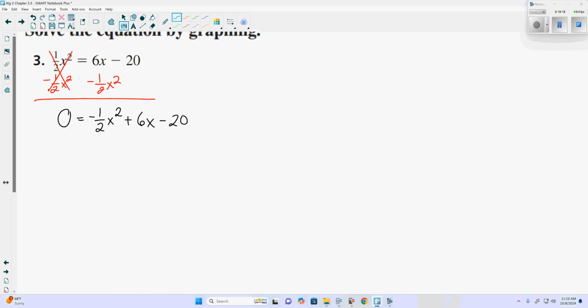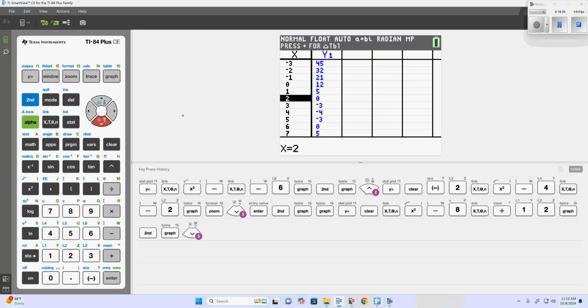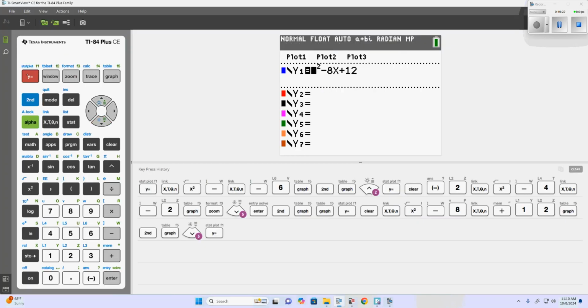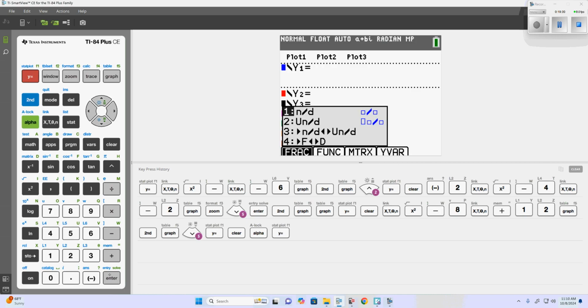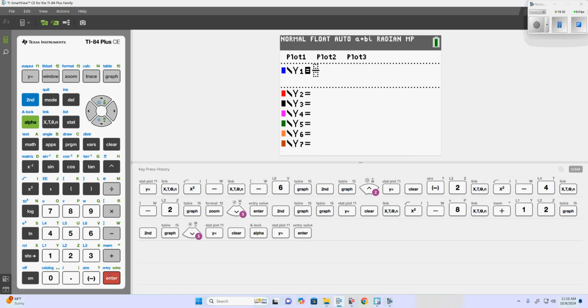Okay. Now, in the graphing calculator, the first thing we'll do is hit y equals clear. Now for the 84 Plus, alpha y equals enter will give us a fraction. The TI 83s, the ones that y'all can check out and take home, the big difference between the 83 and the 84 is it won't let us write it in as a fraction.